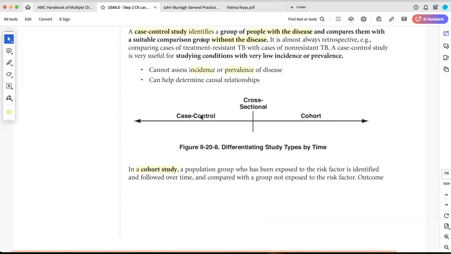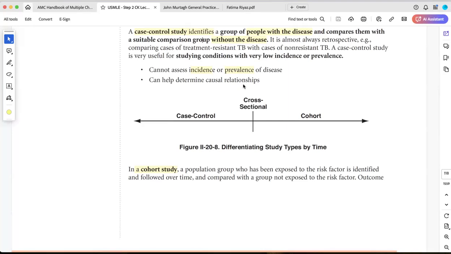If you want to know whether a child who has Down syndrome got any kind of anti-epileptic drug, or whether the mother did any kind of Down syndrome screening during pregnancy, so when we go backward to find out any cause, we do case control. And when we want to know that, well, smoking causes lung cancer, so when we go forward, that's cohort. So that's the easiest way.